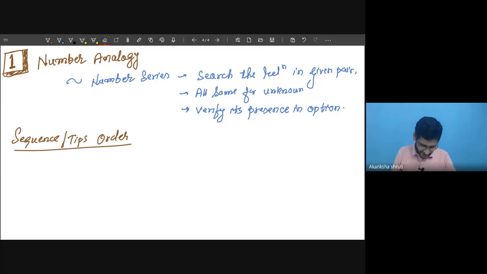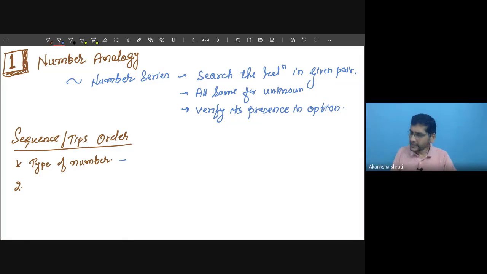So very first one is you have to think for the type of number. So type of number. I will frame the question based on this also. So type of number means what?